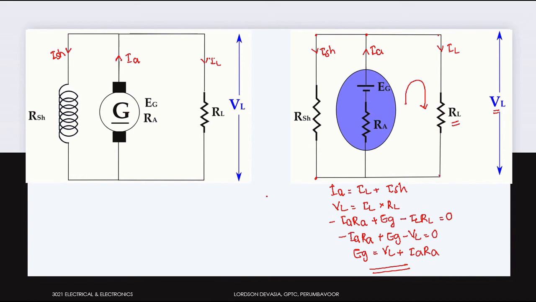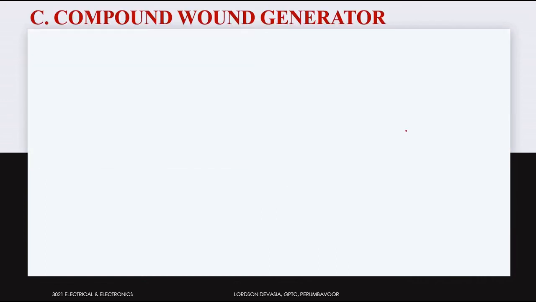So the shunt field current ISH is equal to VL divided by RSH. Or, from the earlier equation, VL is equal to EG minus IA RA. These are the complete equations for the shunt generator.